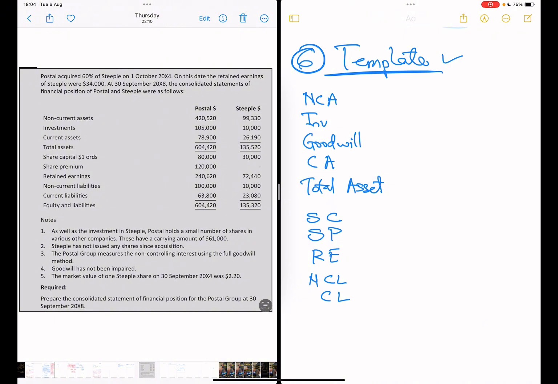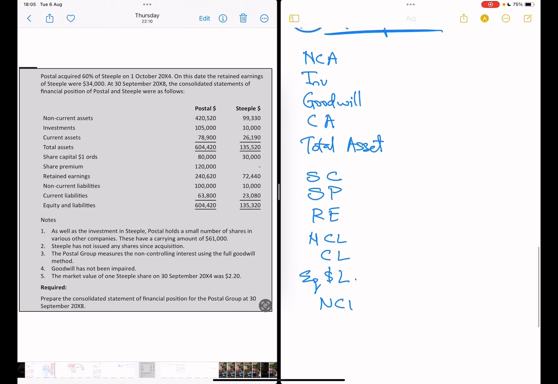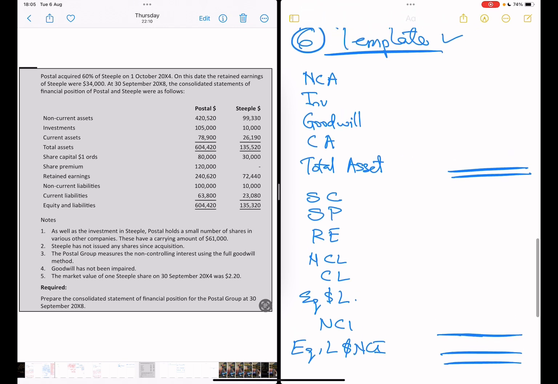But before we introduce NCI, we can have equity and liability total. Then we can now introduce NCI, which will now have total equity, liability, and NCI. Which is what you expect to balance with the total asset here, right? So that is the template we're going to be using.